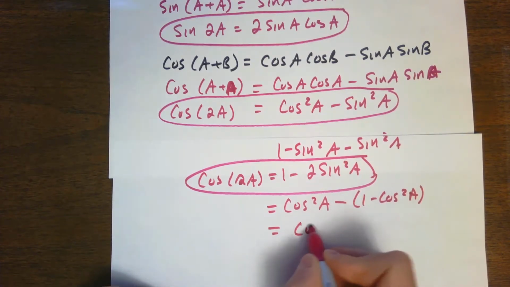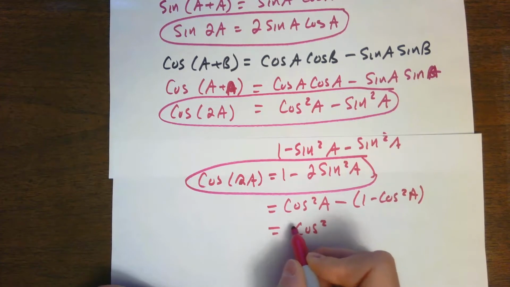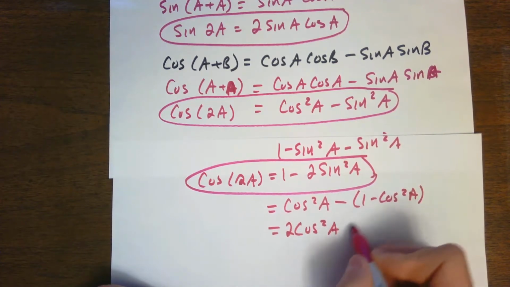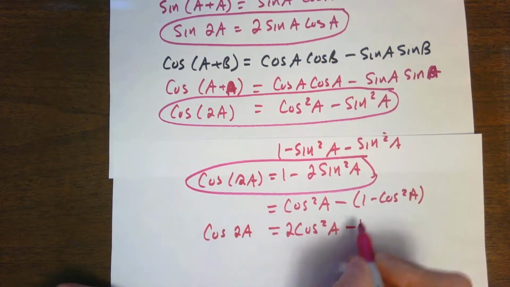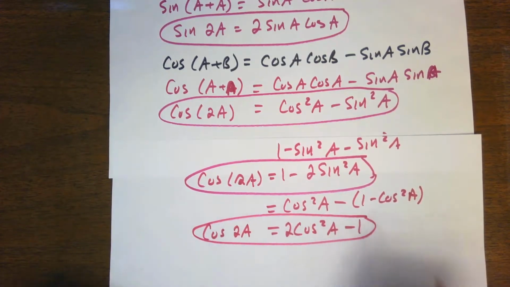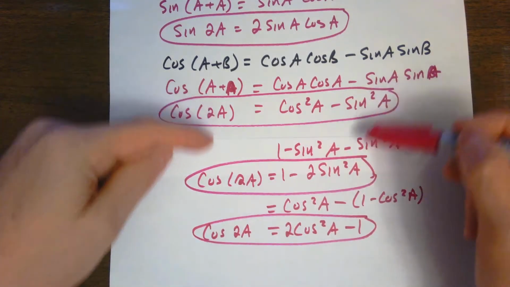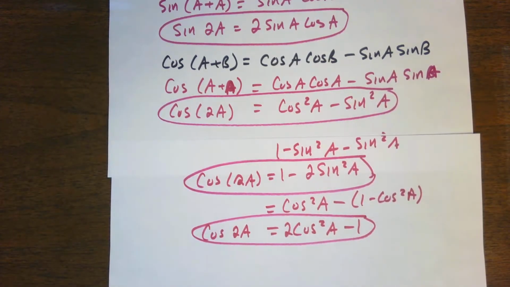So I'm going to get two of them, 2 cosine squared A minus 1. And I have another identity. So the cosine of a double angle, cosine of 2A, has 3 different possibilities for the double angle formulas. And this is how we got them.